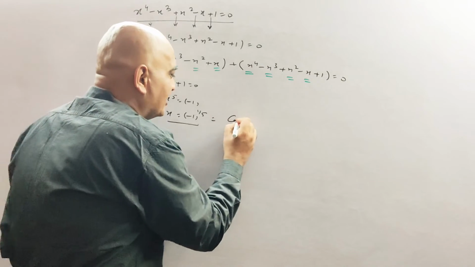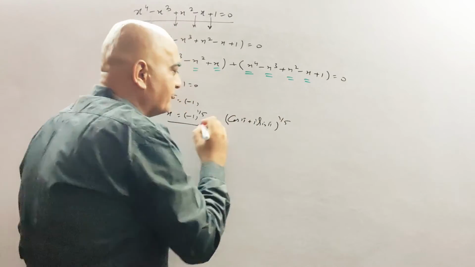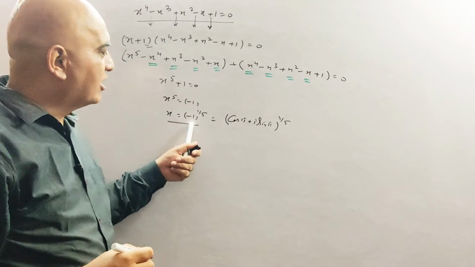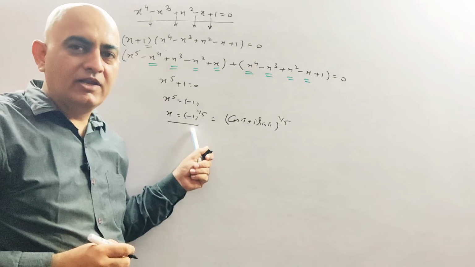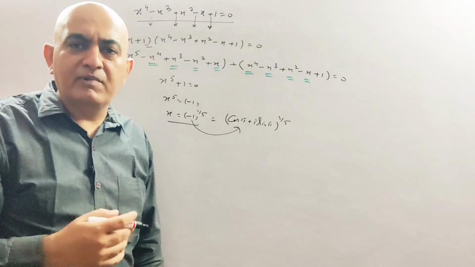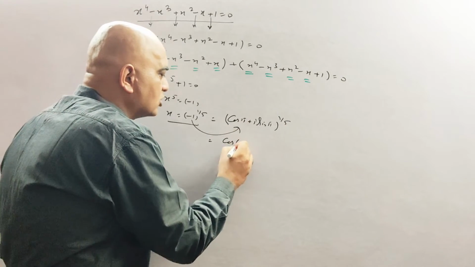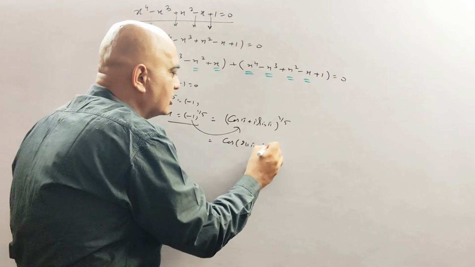So we can say it is cos pi plus i sin pi raised to the power 1 by 5. So we have to find out the fifth root of minus 1 and we can replace minus 1 with cos pi plus i sin pi by the polar form of the complex number. Then 1 upon 5 power को solve करने के लिए पहले आप De Moivre's का use करेंगे.